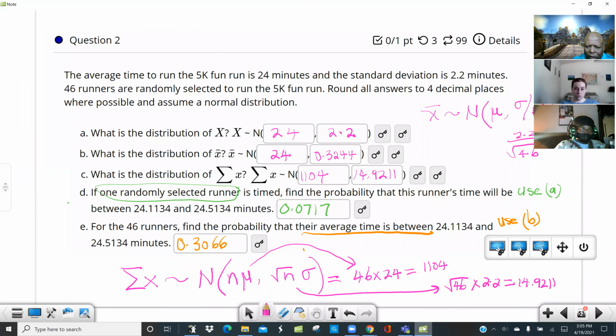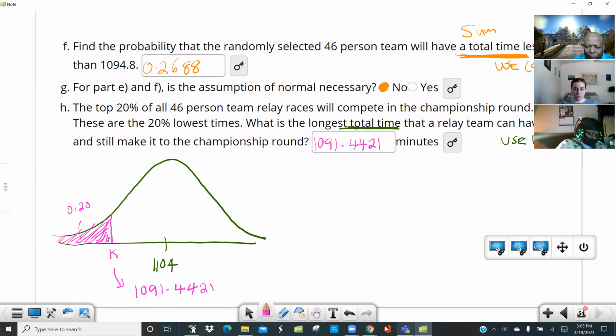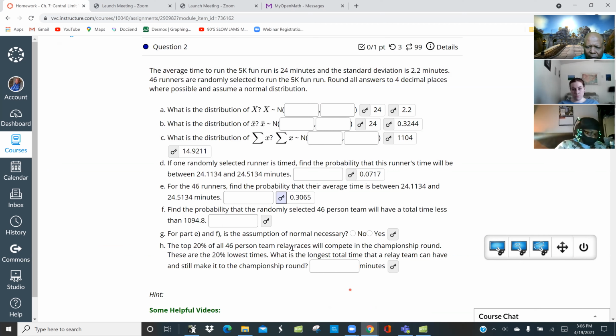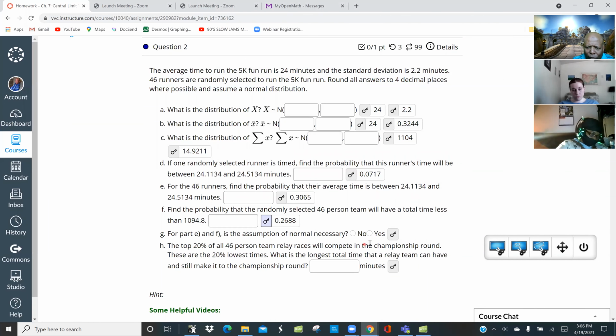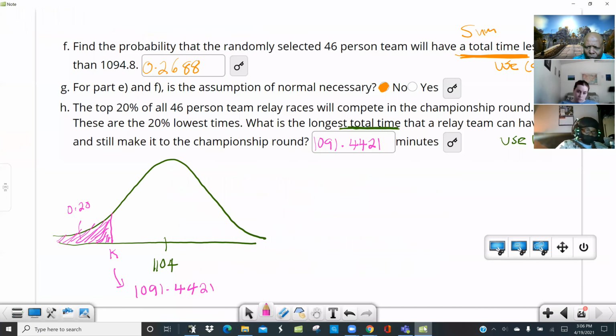I think I got 0.3066; maybe I over-rounded it up. F, what is F? 0.2688. Yep. And of course, we didn't need the normal distribution. And this is 1091.4421. That is it.